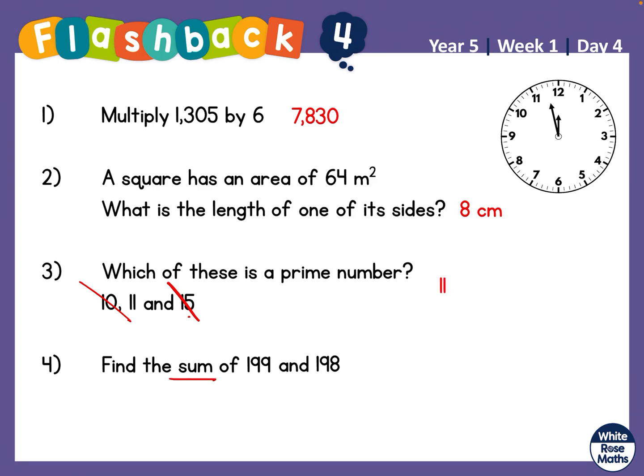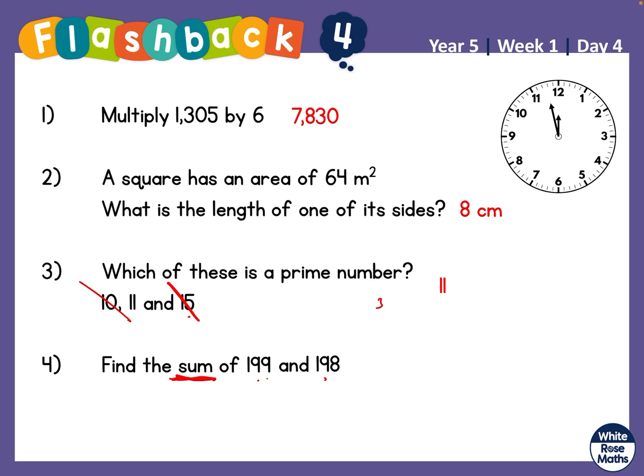Find the sum of 199 and 198. Now you could do a column method, but actually you could round this one up to 200, this one up to 200, and just keep that 3 in your head, because there's the 1 and the 2. That's 400, and then take away that 3, 397. Now this sum, I know a lot of people get caught out.